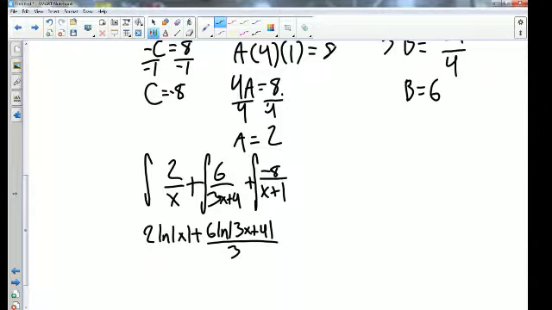When you usually derive, you multiply by the derivative of the inside, but in this case you have to divide, because we're doing the integral. It'd be plus negative 8 natural log absolute value of x plus 1, plus C. And you're done.